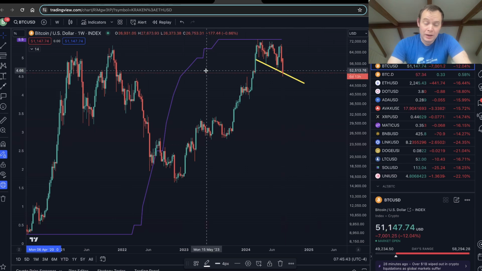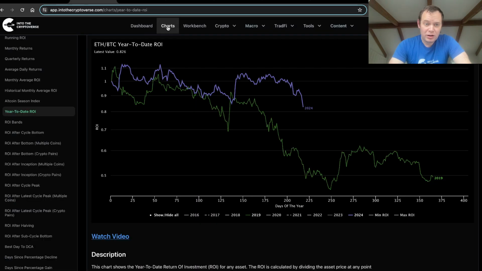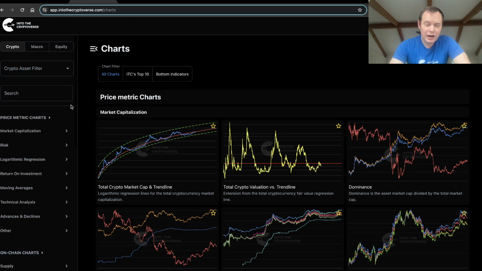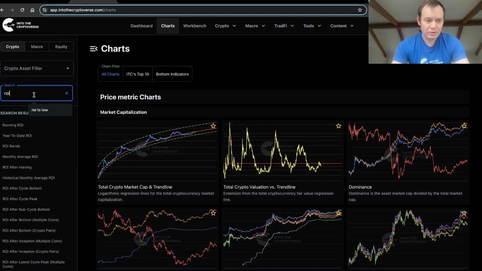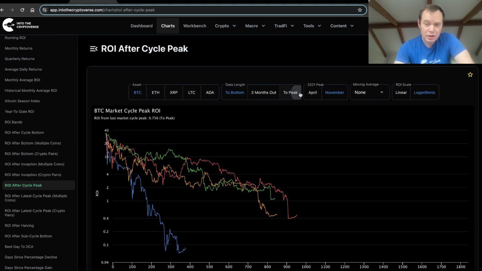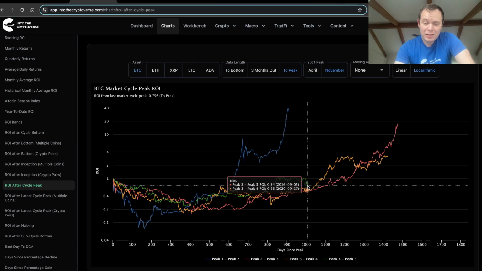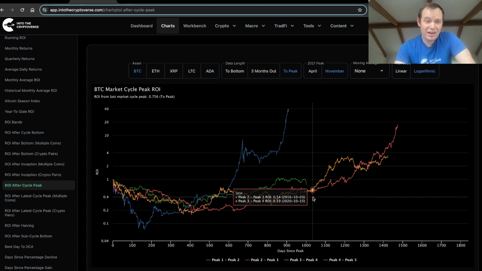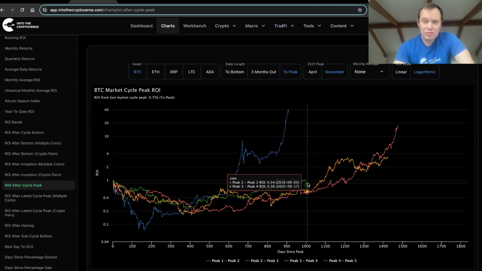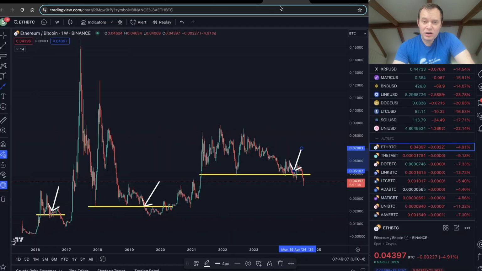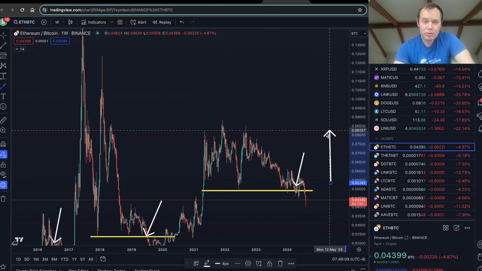One of the things that I've talked about a little bit before, if you were to look at the Bitcoin ROI, right? Let's just pull this up for a second. The ROI from the peak, and you go out peak to peak, even with this drop, Bitcoin is still ahead of where it was in the last two cycles. It really is. So I've talked a lot about ETH Bitcoin going to 0.03 to 0.04.